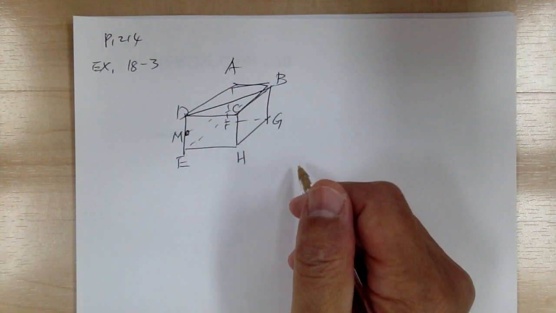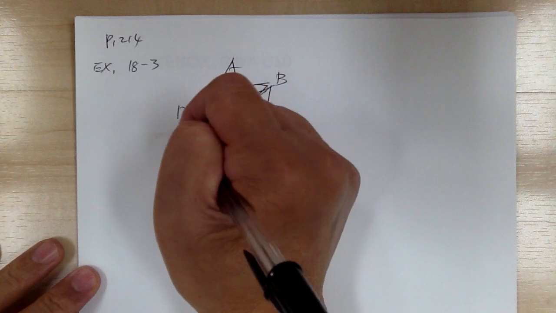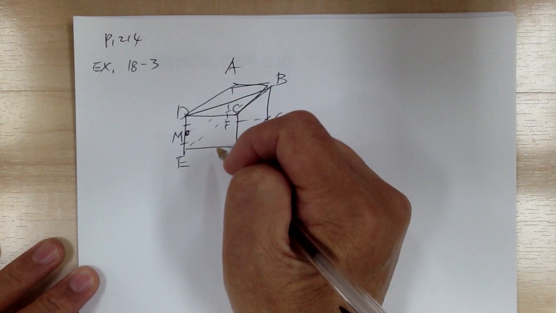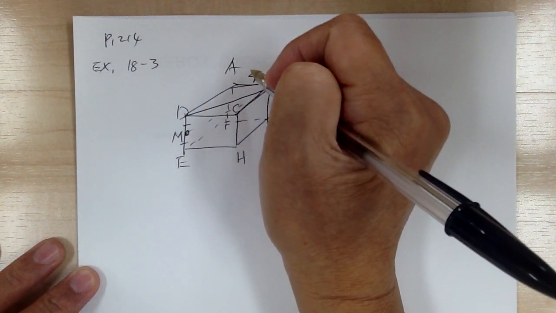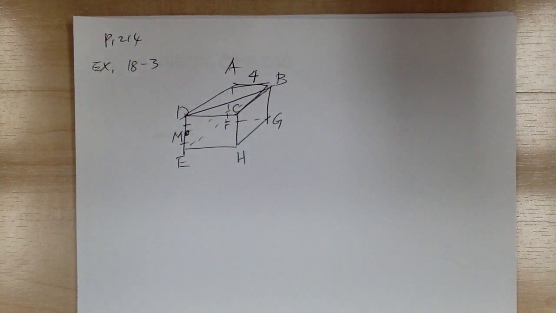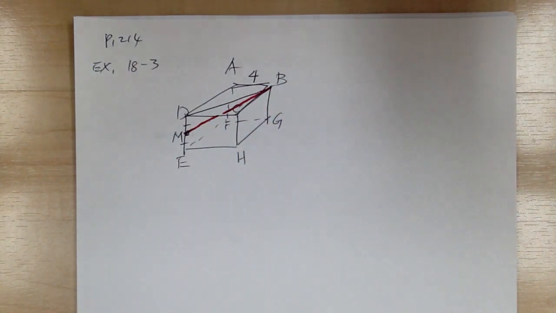So in a cube, A, B, C, D, E, F, G, H, A, B, C, D is a face, and M is the midpoint of the edge, DE. Okay. If AB equal to 4, you're looking for BM. So you're looking for this line over here. Okay.